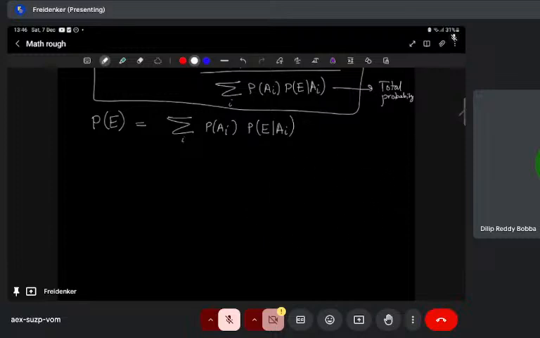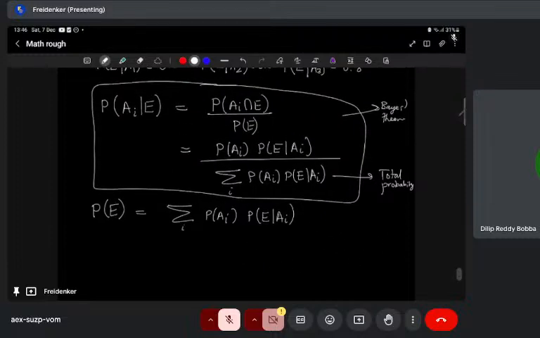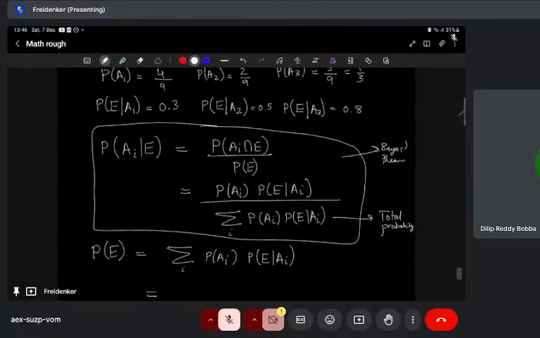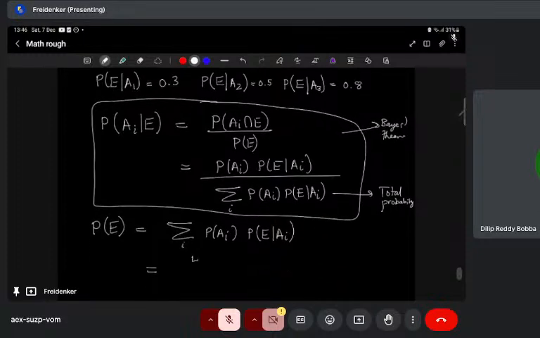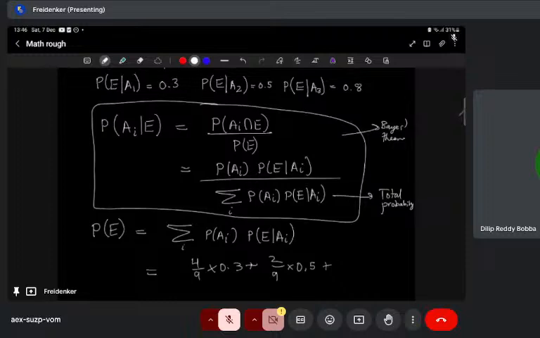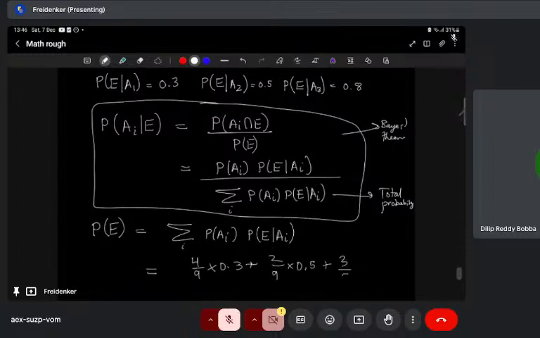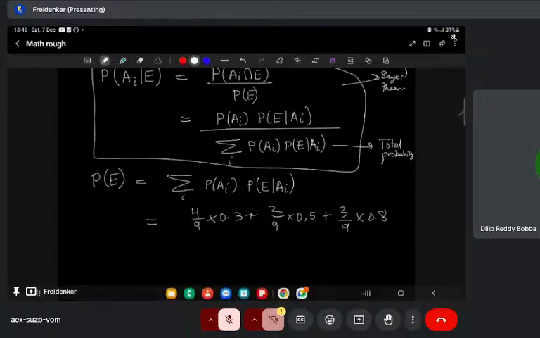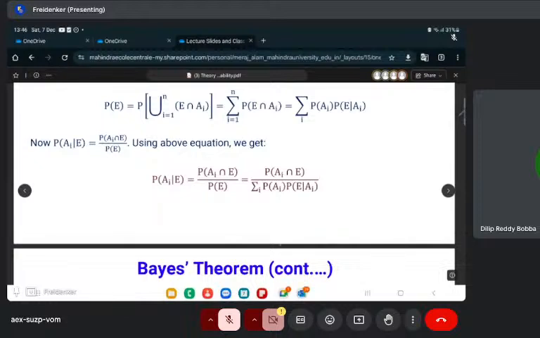I'm going in circles, but anyway, Bayes theorem is here, total probability is here. So probability of E will be 4 by 9 into 0.3 plus 2 by 9 into 0.5 plus 3 by 9 into 0.8. That is total probability. That was not Bayes theorem.